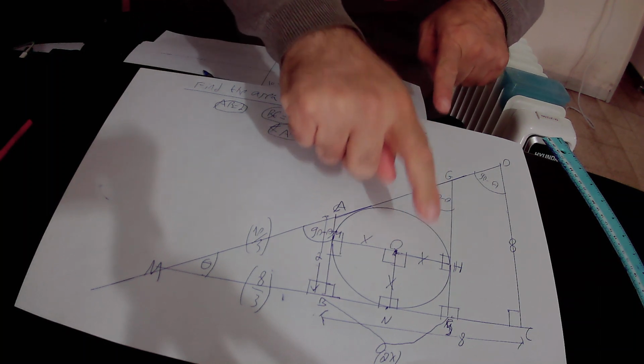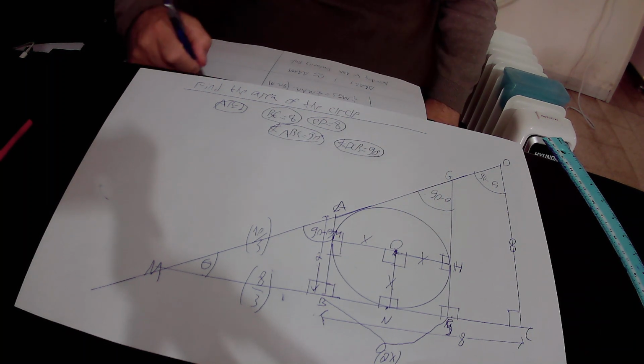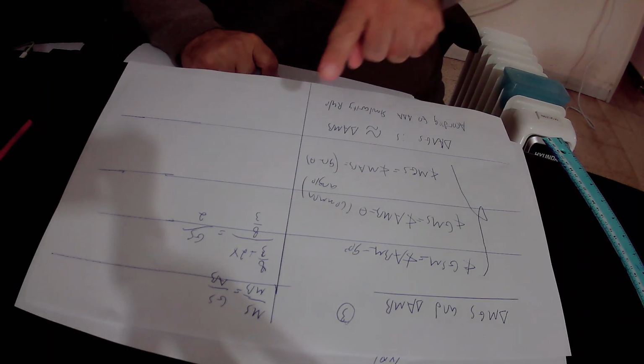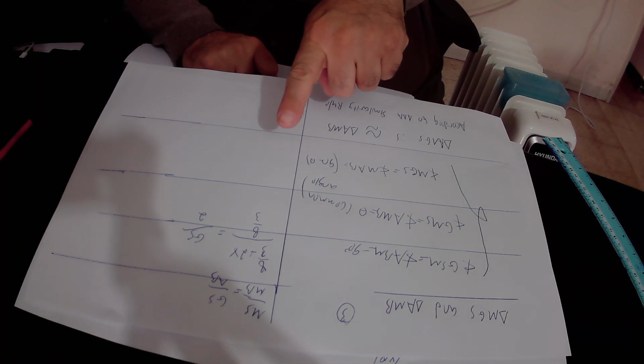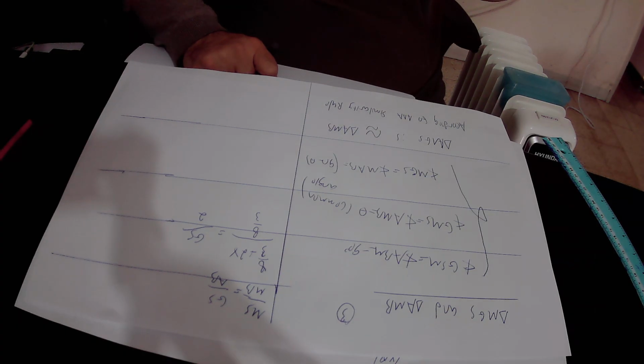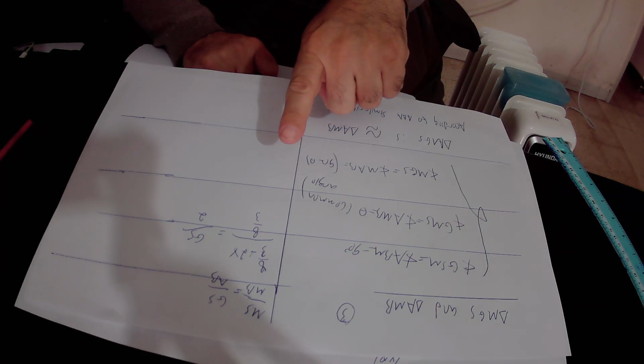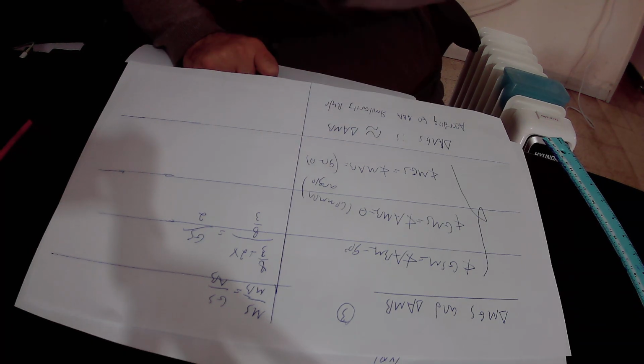GS is unknown, so we leave it as it is. Over AB. AB is 2, so we substitute AB by 2. So we found out that 8 over 3 plus 2x over 8 over 3 equals GS over 2. Here we multiply 2x by 3 and then we will divide it by 3 in order to have a common factor with 8 over 3.